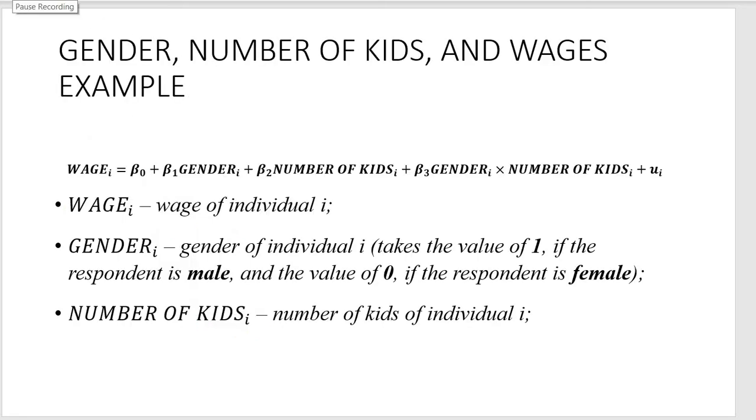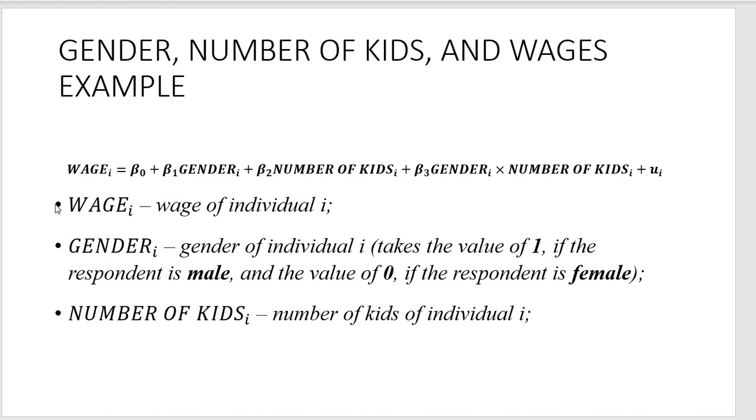In contrast, we can assume that gender affects both the wage itself and the effect of number of kids on wage. So that's how it looks. Hypothetically, this is based on a hypothetical example, I do not have any nice microdata for this case.